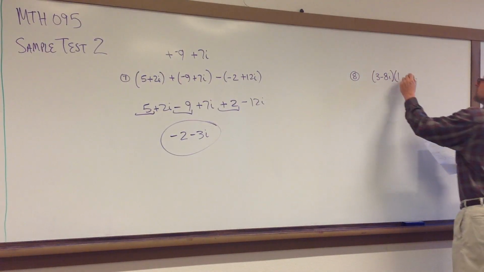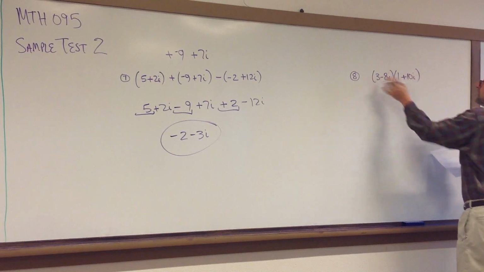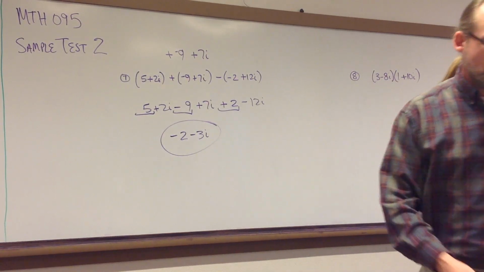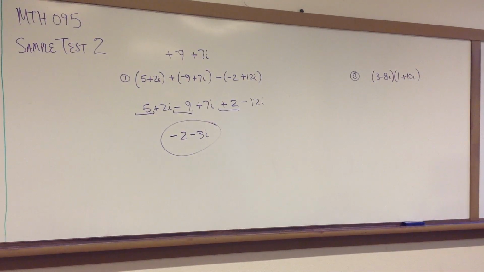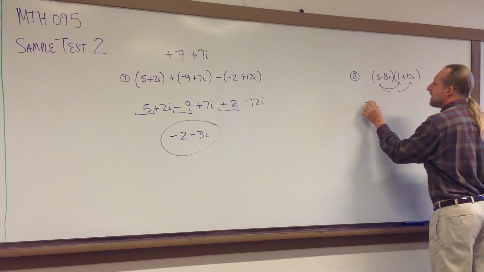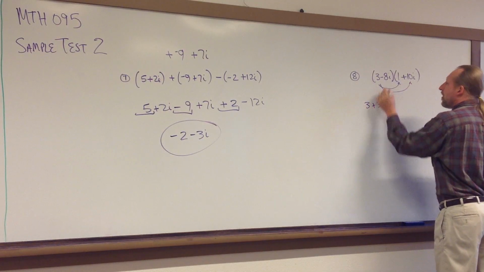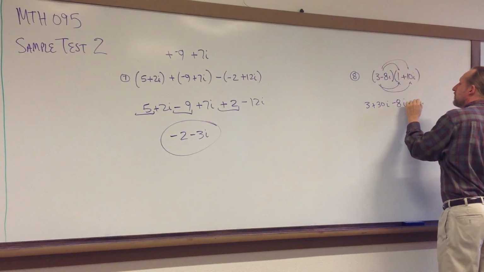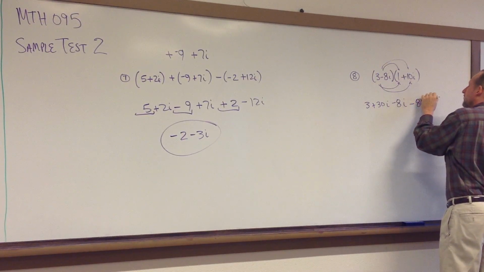Let's see here, we're going to multiply 3 minus 8i times 1 plus 10i. And so in this one, you have to distribute, you have to FOIL, right? 3 plus 30i minus 8i, and then minus 80i squared.